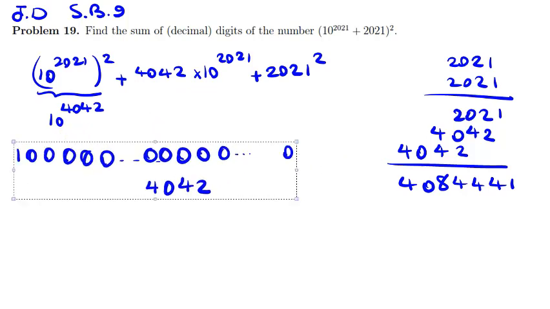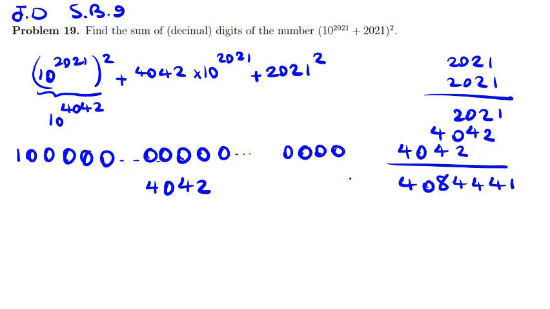I also want to write this number. This number is what? If I write, it will be 1, 4, 4, 4, 8, 0, 4, and it will be 0 here, 0 here. Okay, so this is some of them.